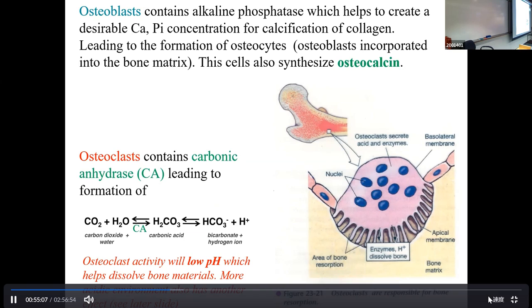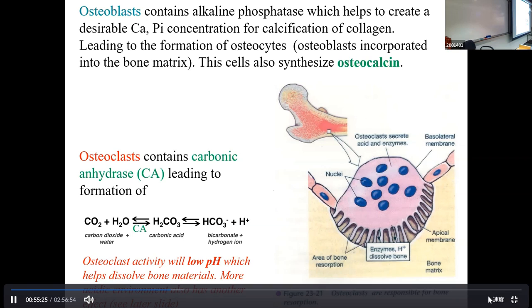So osteoblast and osteoclast: two types of cells. One is laying down, the other one is breaking down. Now, I'm just highlighting some of the relevant information.